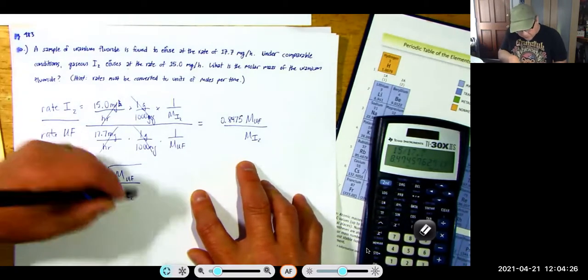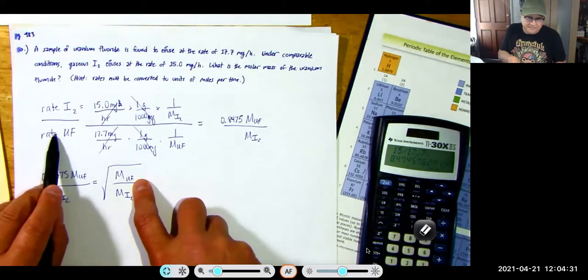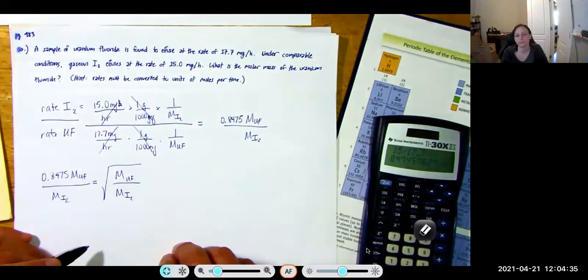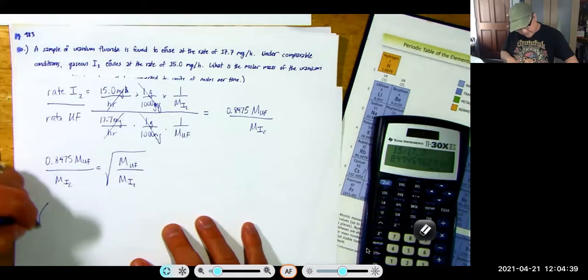Now, how do I know to put this one on the top? It's because the rate is on the bottom. You remember how they're kind of opposite? So now what do we do with this? We square each side.